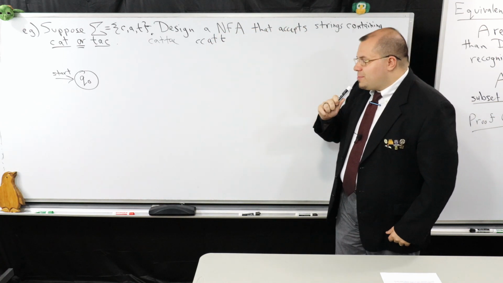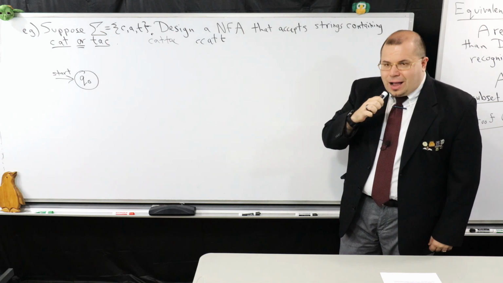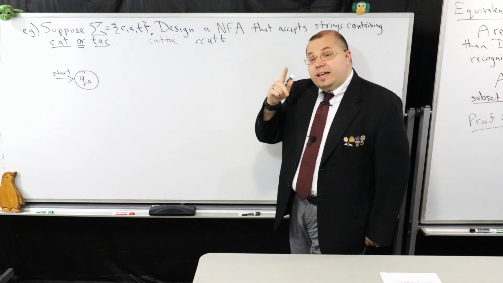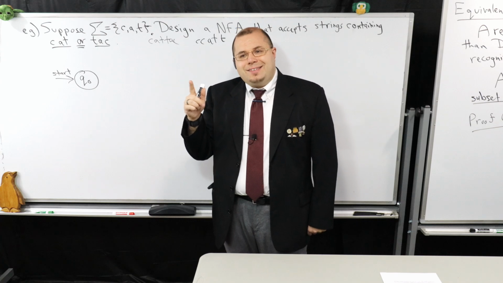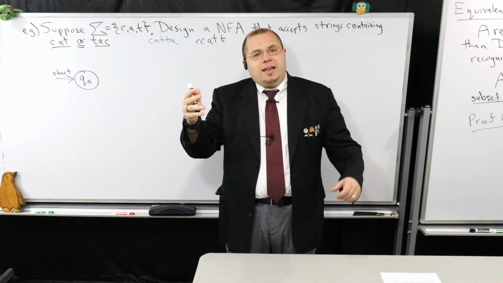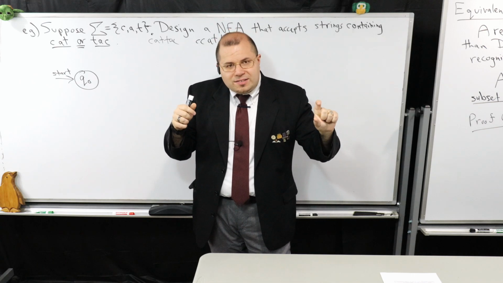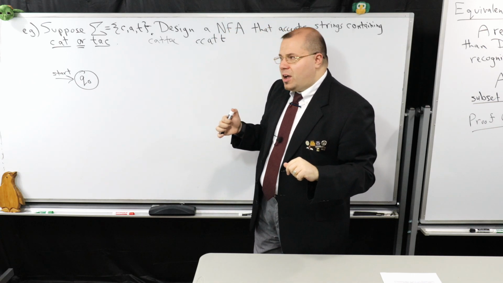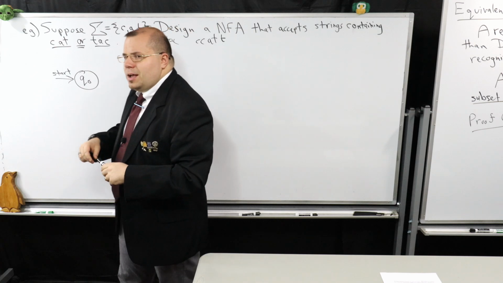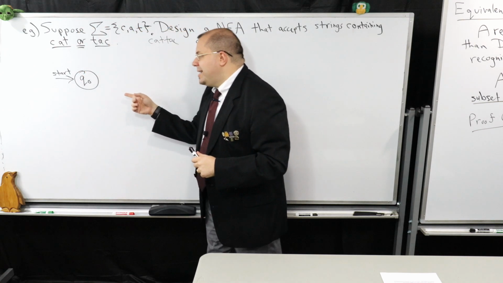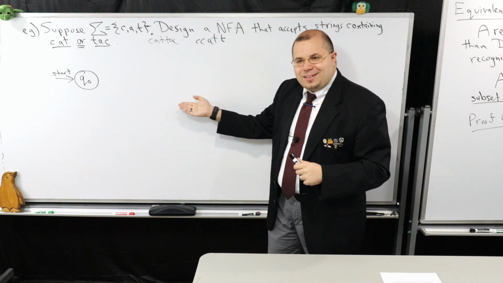But I want you to think about this. Going back to when we were designing DFAs, do you remember what I did when I designed a DFA that accepted a substring of a given sequence? What did I do? I kind of drew it out for you, right?